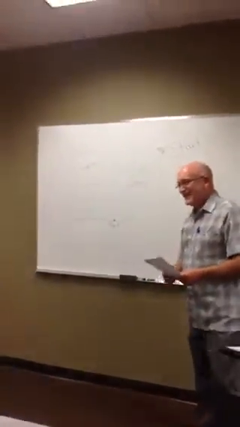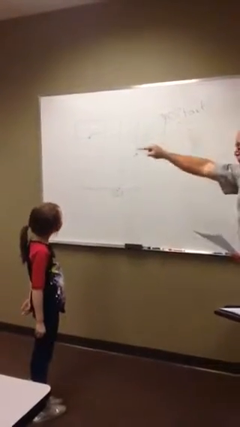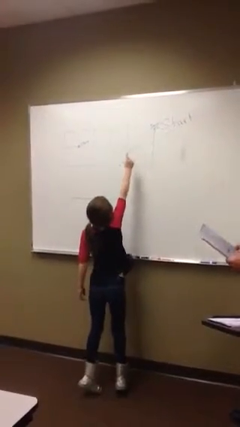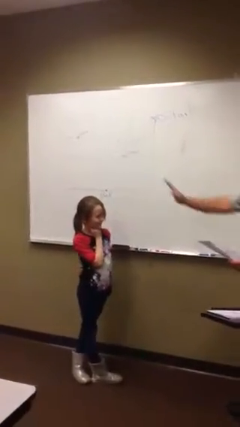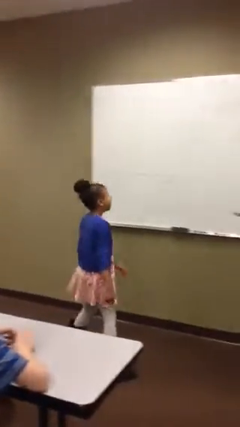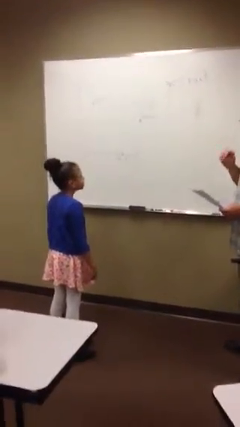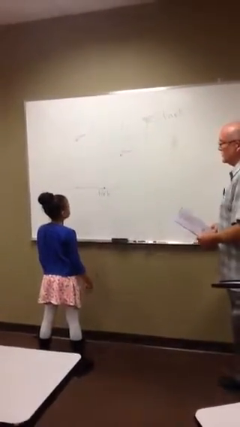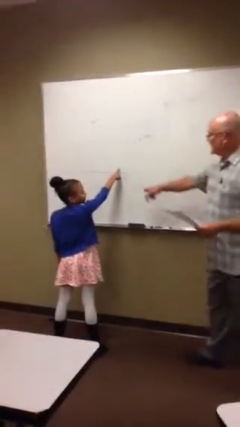Addison, can you come up here, please? If you go one spot over and 2 spots down, where will you be? At the school, yay! All right, Brooke. If you go 3 spots down and 2 spots over, where will you be? At the park. Exactly, thank you.